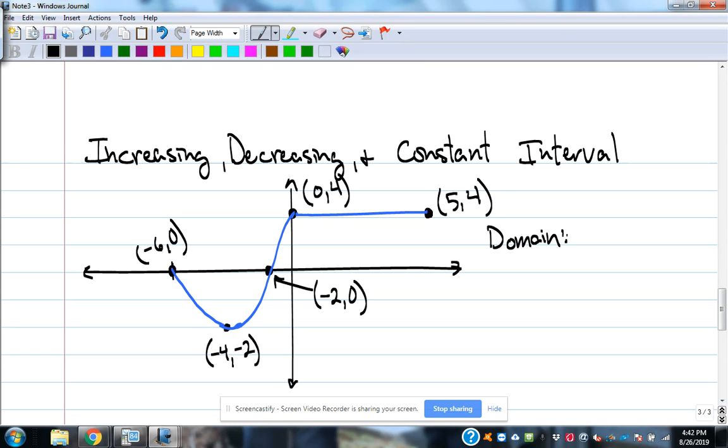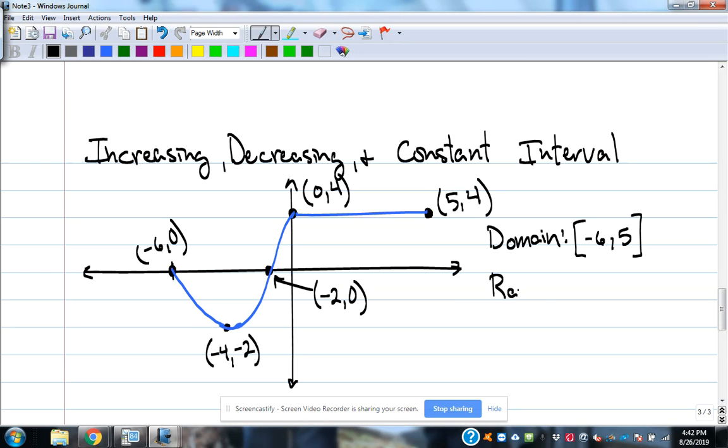This goes back to that idea, same as that picture we used in the last section. So what's the domain of this function? -6 and 5. Should that be parentheses or brackets? Brackets. Those are both filled in dots, so they're going to be brackets.